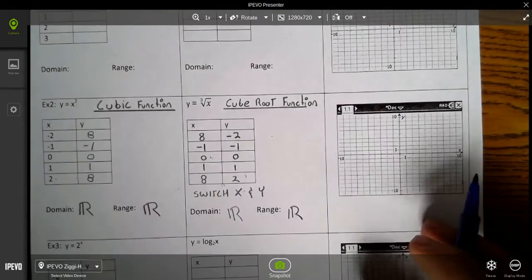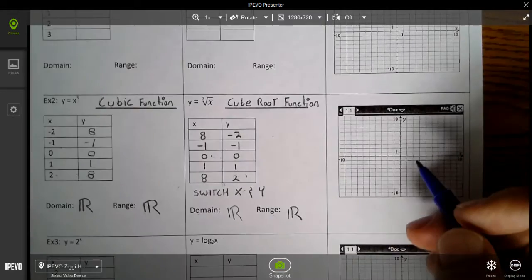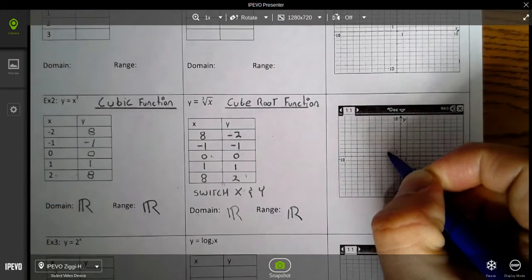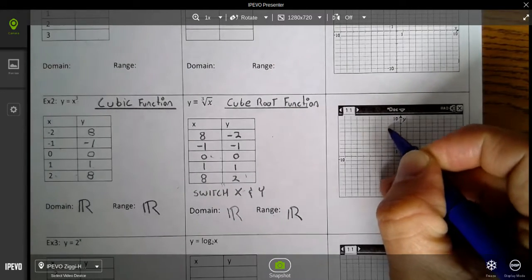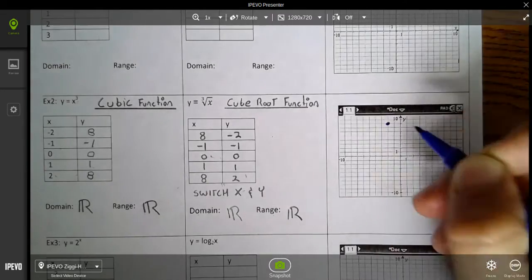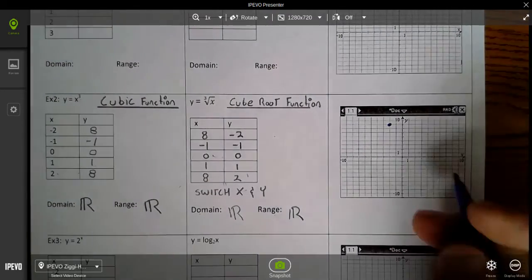So the cubic function is negative 2, 8. So negative 2, 1, 2, 3, 4, 5, 6, 7, 8. Negative 1, negative 1.